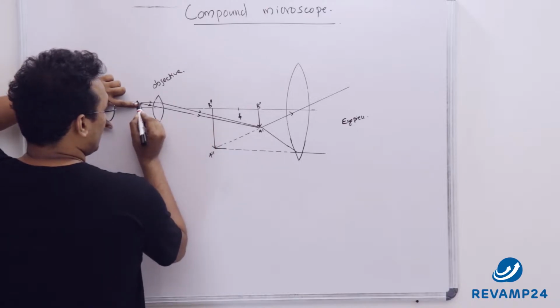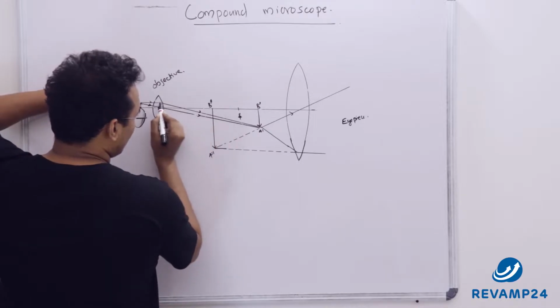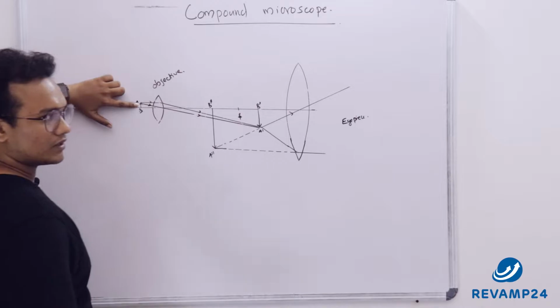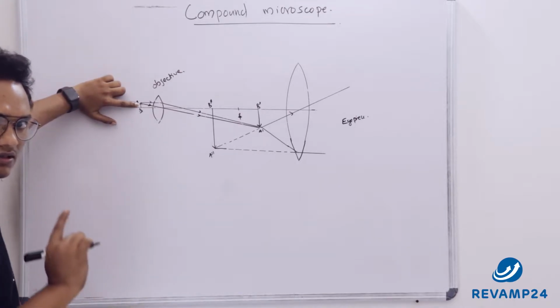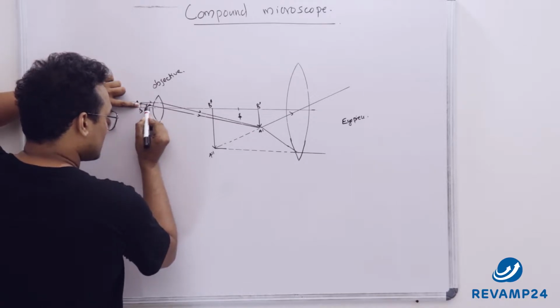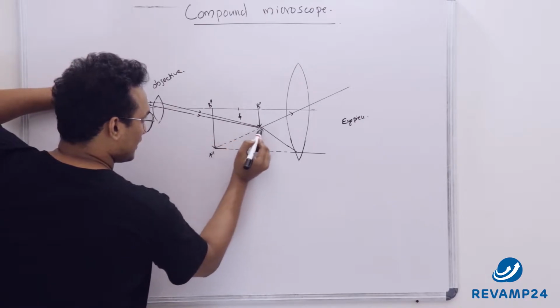So one ray going parallel to the principal axis will pass through the focus and would go in this direction. We need one more ray to intersect with this to create an image. So another ray from here is going through the optic center, and this ray and this ray would intersect.